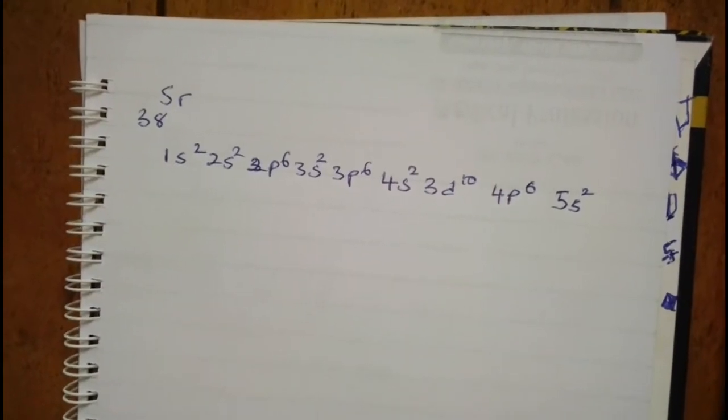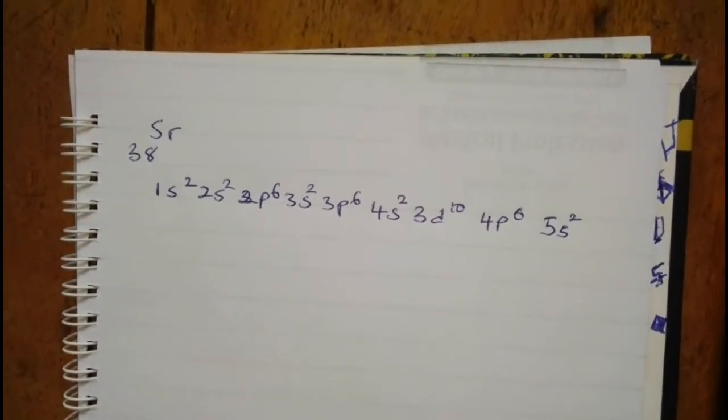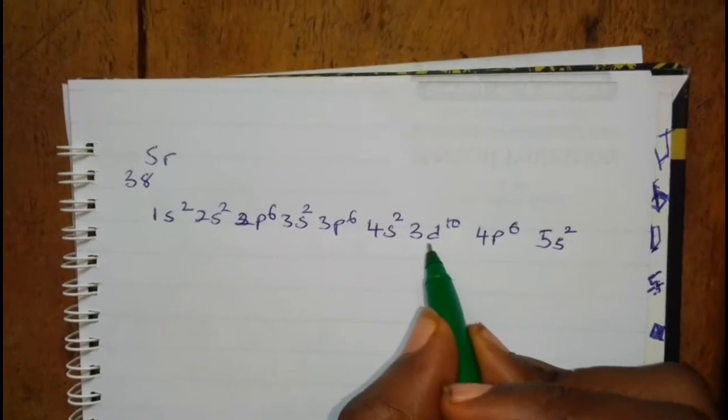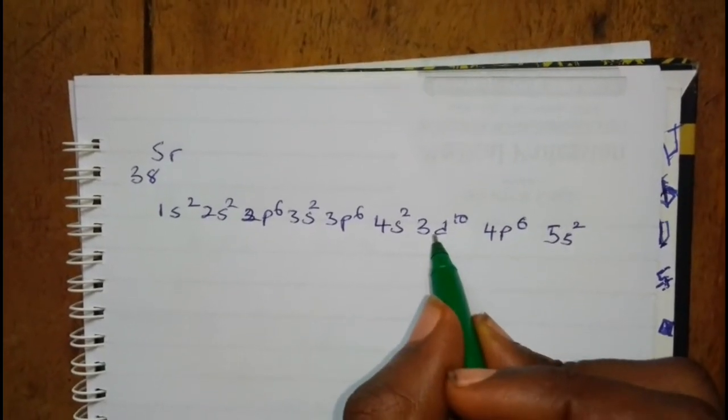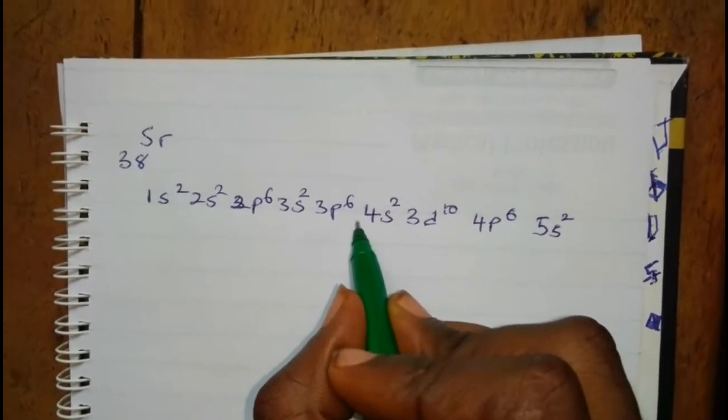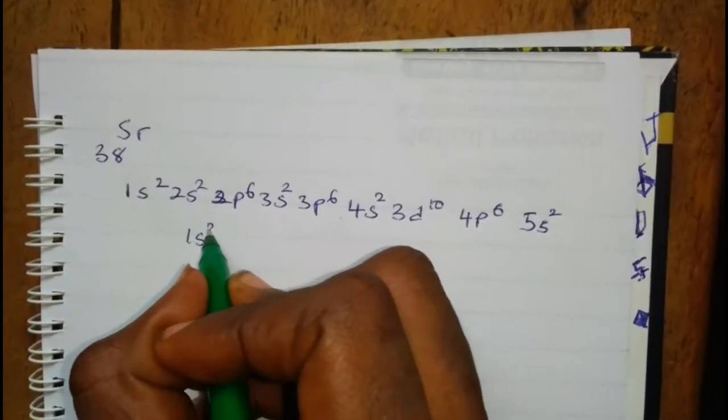And don't forget the grouping. So in the rearrangement now, this 3d10 will come before this, so let's rearrange that and group it.